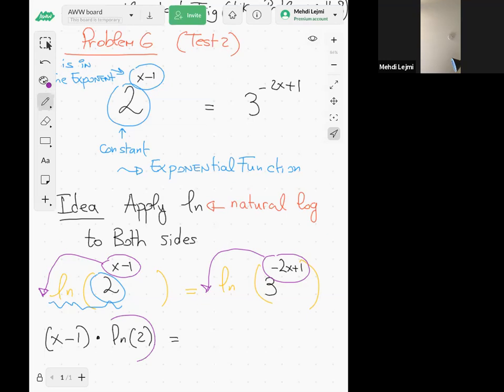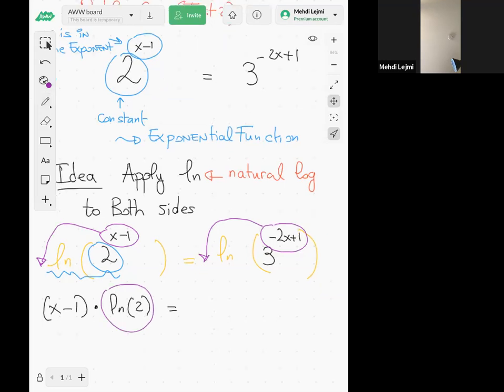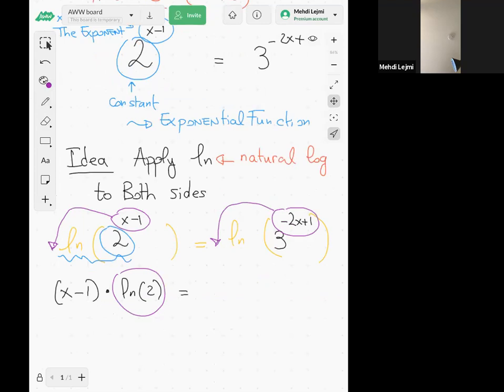If you use a calculator, it would be about 0.69. So instead of using a decimal, I'm just going to keep the natural log of 2.